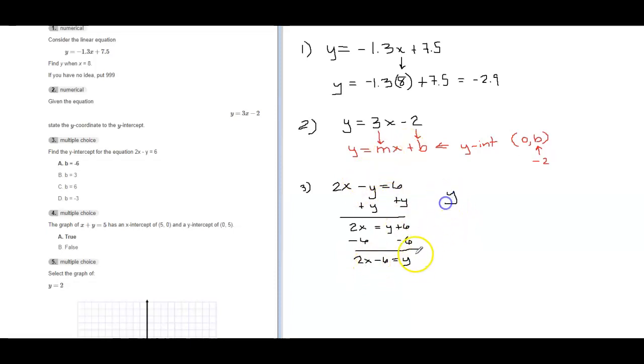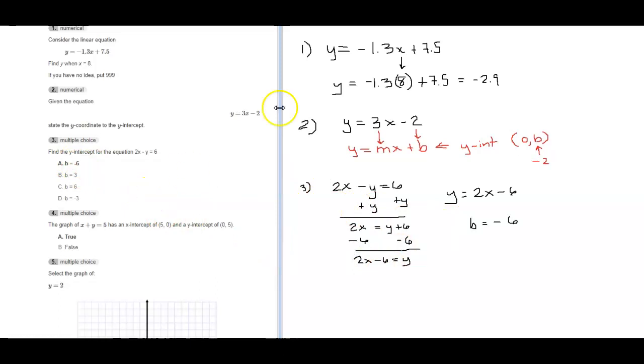So I'm reading it backwards. y equal 2x minus 6. And now I do the matching, and I can see that b matches with the minus 6. So b is minus 6, so my y-intercept is negative 6. And that's how we do that problem.